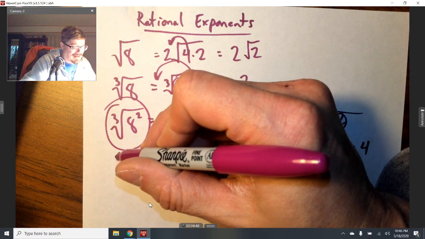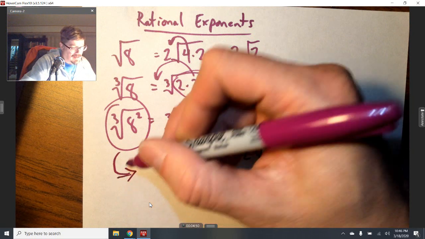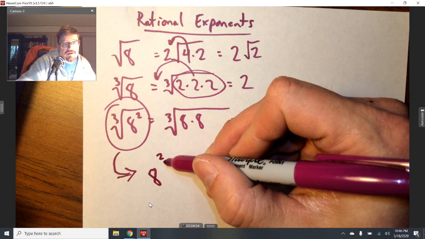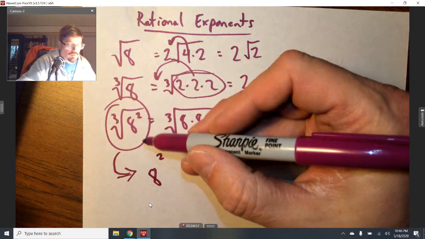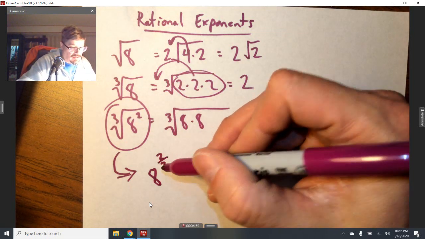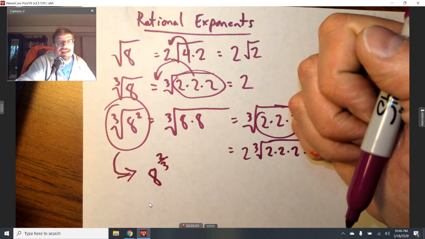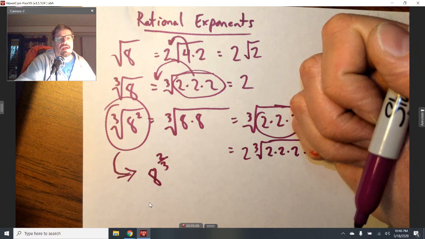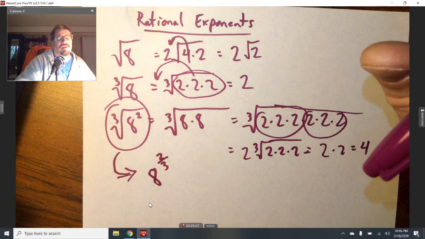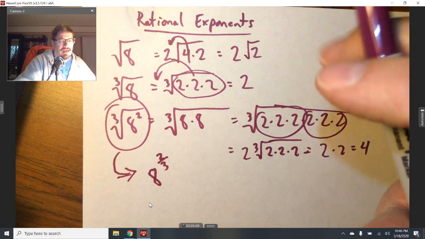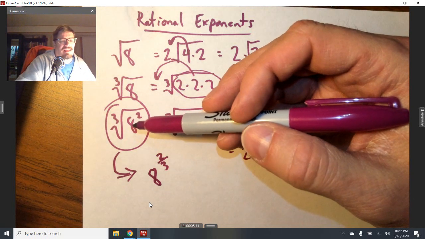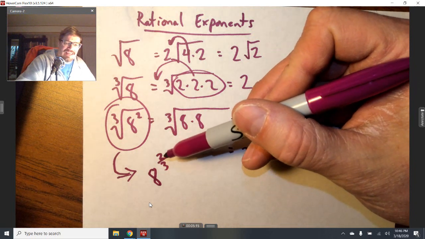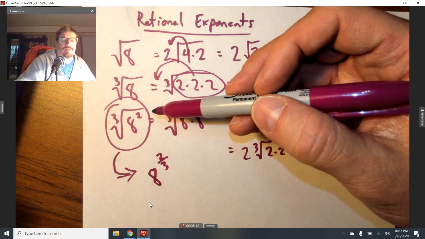The idea is that I want 8 squared, but I want to take the third root, so I will turn it into a fractional exponent, a rational exponent. I don't have to say I'm taking the third root of something squared. I can look at it right here, and I don't need the symbol anymore.